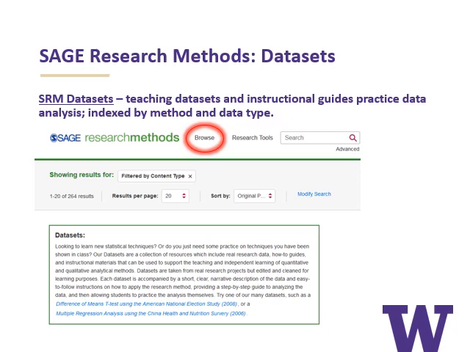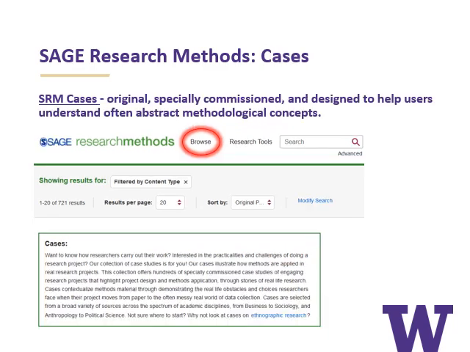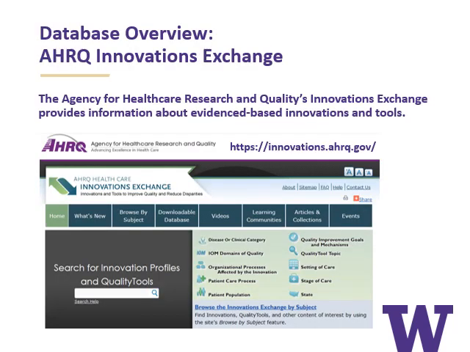Sage Research Methods also allows you to browse and use datasets, which are indexed by method and data type. Another feature of Sage Research Methods is the ability to review cases to better understand methodological concepts. The Agency for Healthcare Research and Quality's Innovation Exchange provides information about evidence-based innovations and tools.